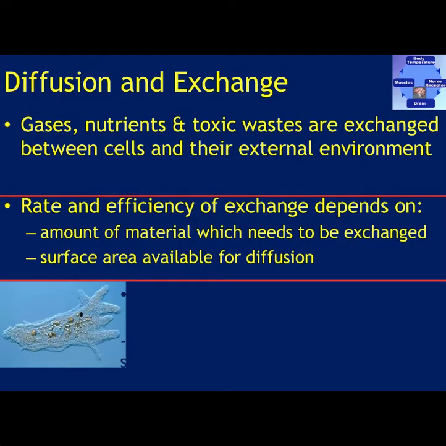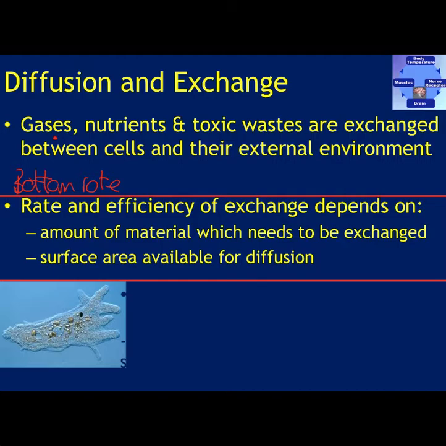Now we are going to skip to the bottom row, second last cell from the right. So for us, gases, nutrients and toxic wastes are exchanged between our cells and our external environment. But how good and how efficient we are at doing it depends on the amount of material that needs to be exchanged and the surface area available for diffusion.